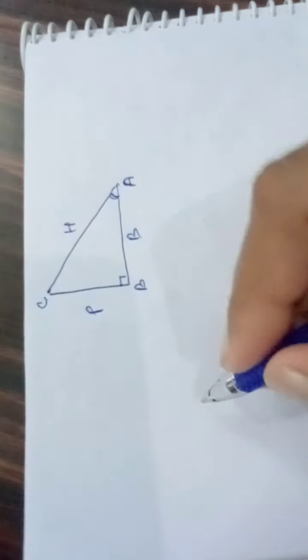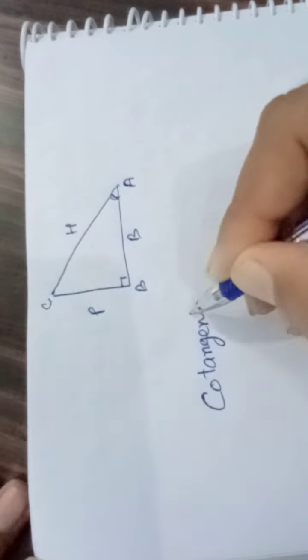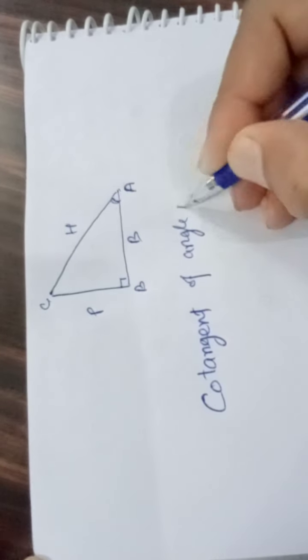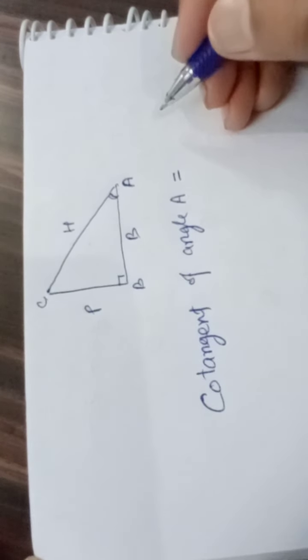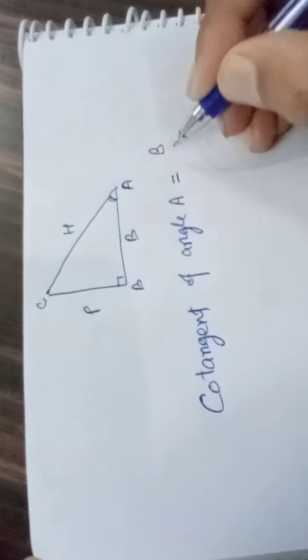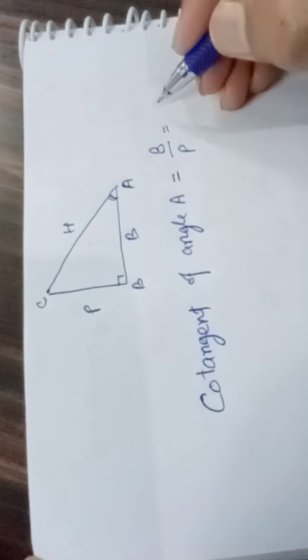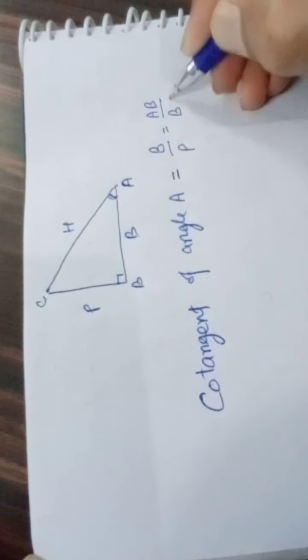Now we'll see cotangent of angle A. Angle A का cotangent क्या होगा? It is ratio of base to perpendicular. Means in terms of sides, we can write it as AB by BC.